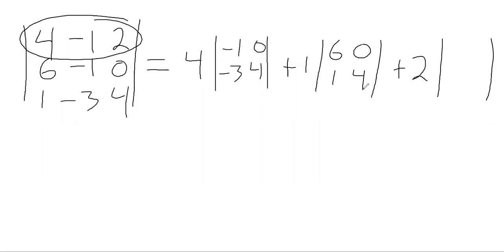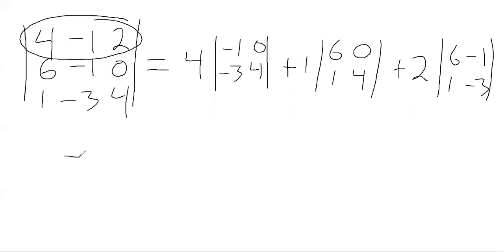Eliminate the row and column that the +2 is in, and what I'm left with is 6, -1, 1, -3 for that 2 by 2 determinant. And at this point, I have three 2 by 2 determinants that I need to figure out the values of. And when I do that, I can then take the sum of all three of those, and I will have the determinant of my 3 by 3 matrix.